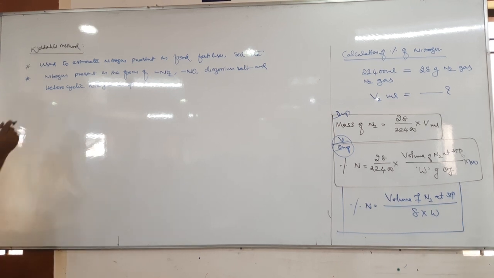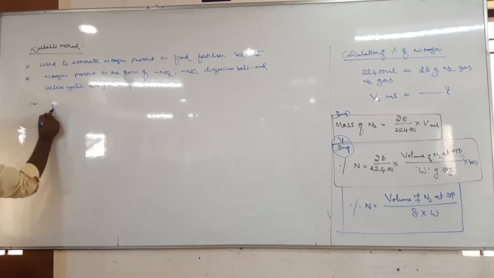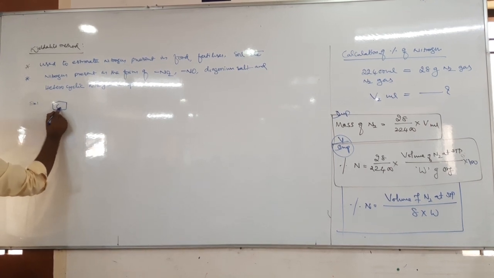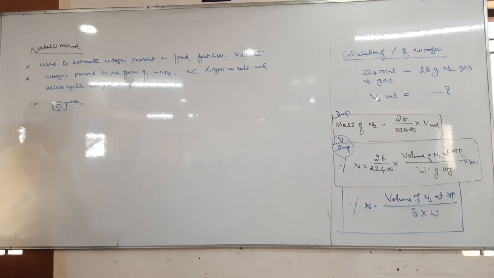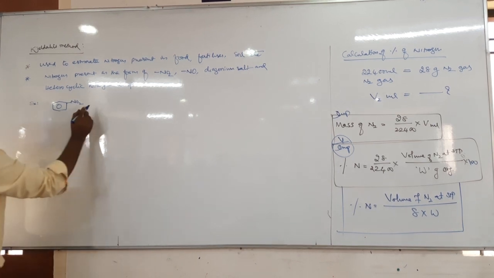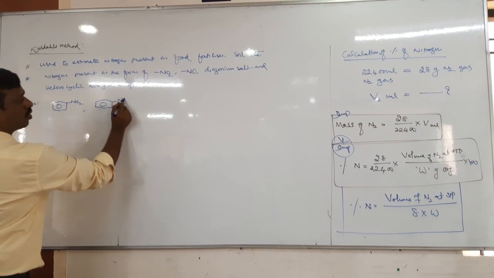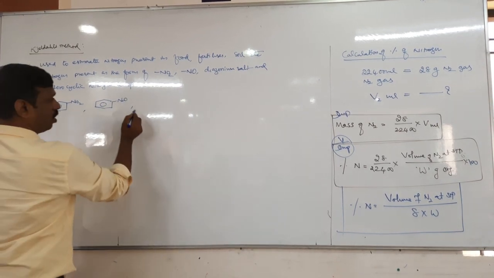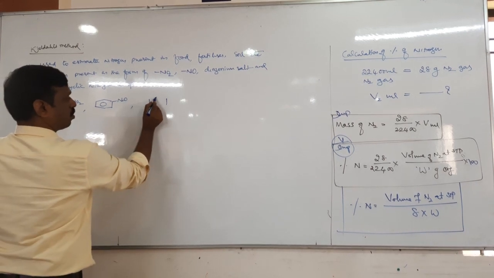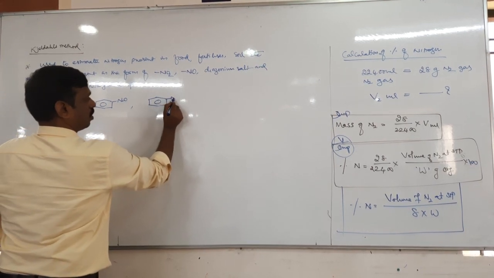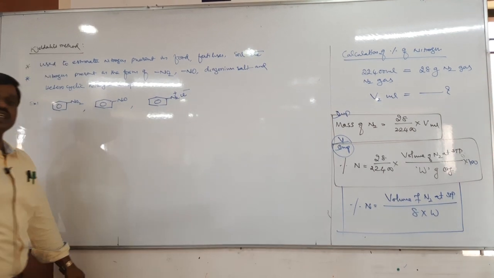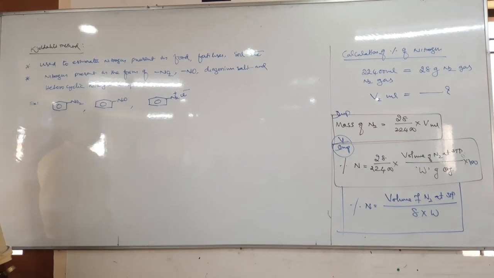Heterocyclic nitrogen compounds. For example, if benzene contains nitrogen in the form of NO2, nitrobenzene, can this method be used? No. Nitrobenzene not, because of NO2. Or if nitrogen is present as a diazonium salt, BDC, benzene diazonium chloride, not, because it converts into N2 gas.